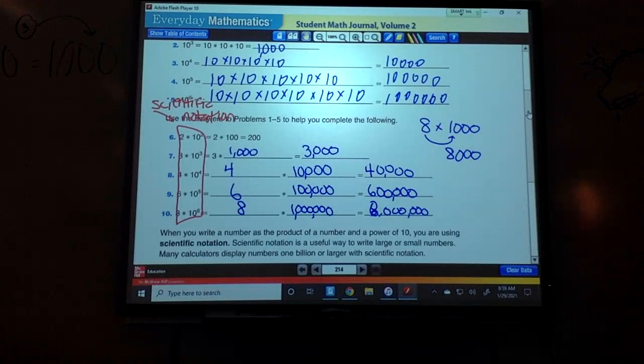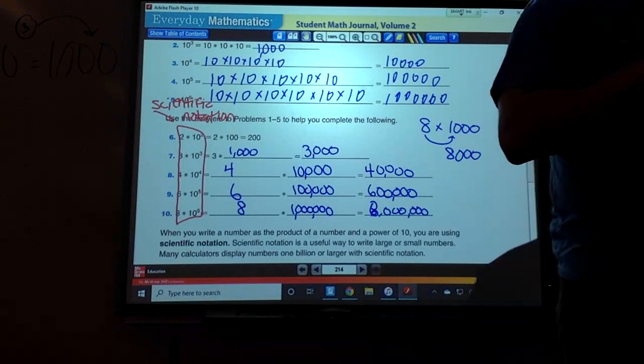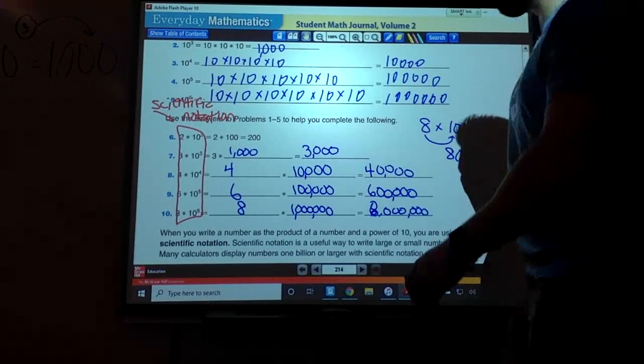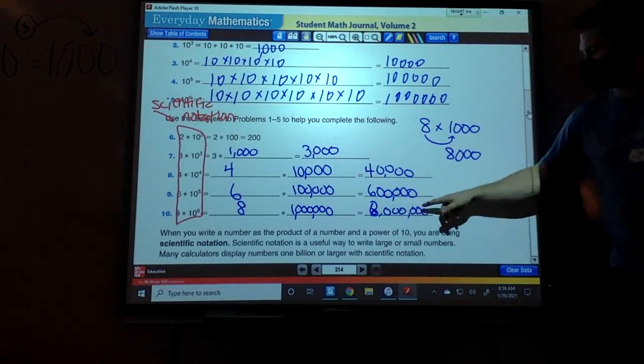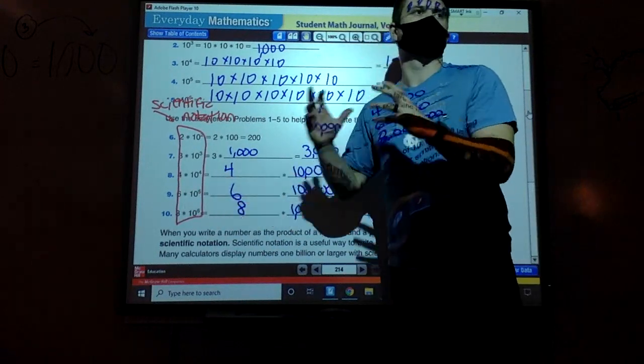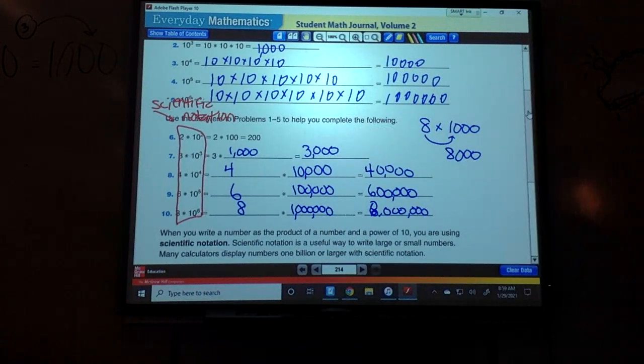Think about if you're going to count the stars in the universe. Millions? Billions? Trillions? I don't know. But it's going to become a number so big, and so instead of writing 8 million, 8 billion, 8 trillion every single time, they can just write 8 times 10 to whatever power they need. So it's just a way of shortening bigger numbers that they're going to need.